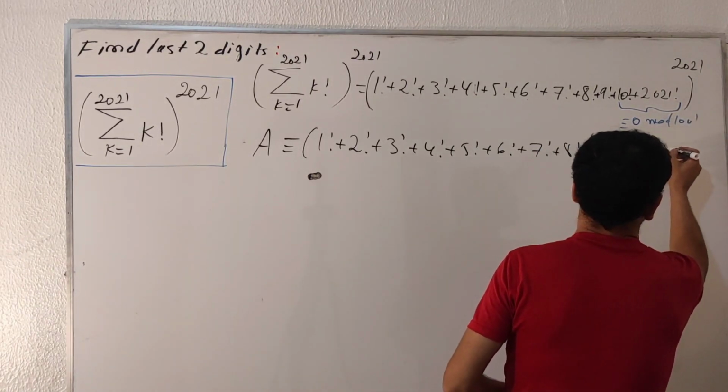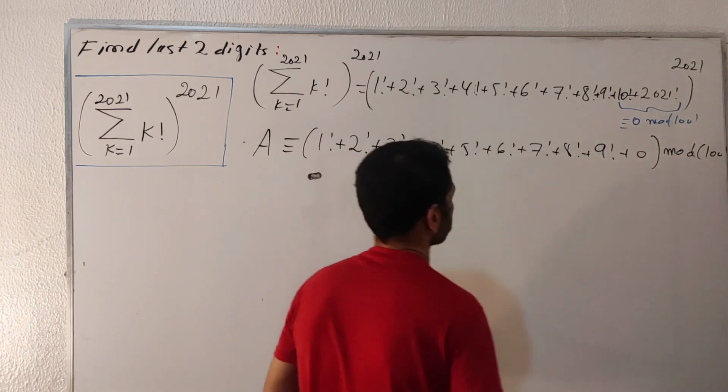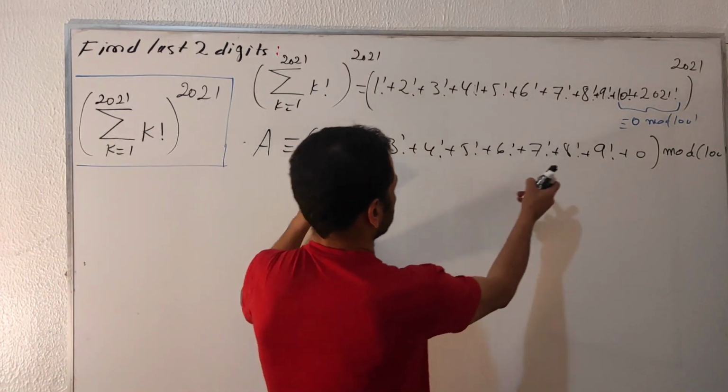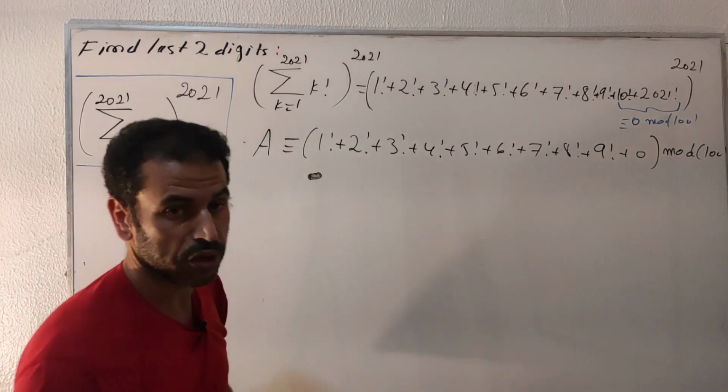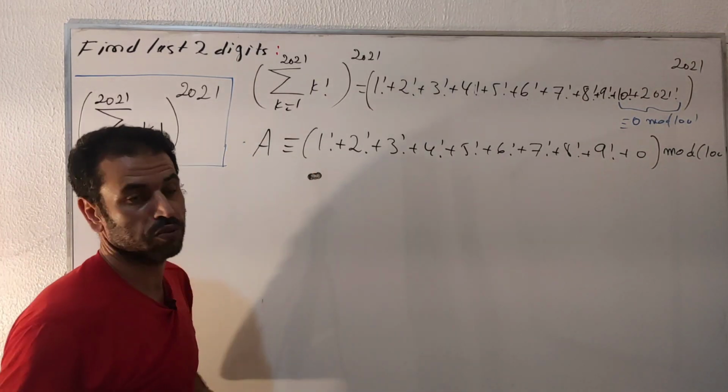This is mod 100. Now we just need to calculate these numbers to find the remainder. There is a trick to make it easier.